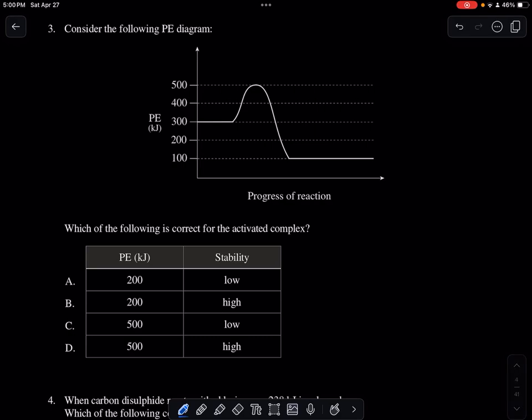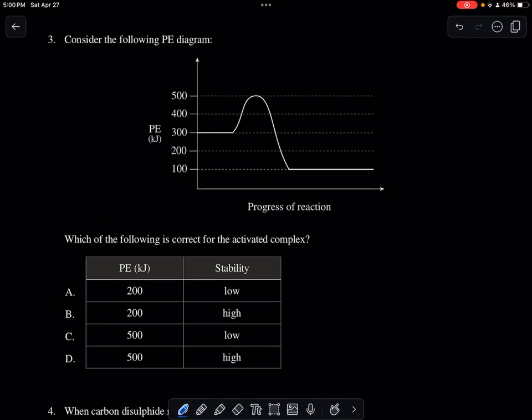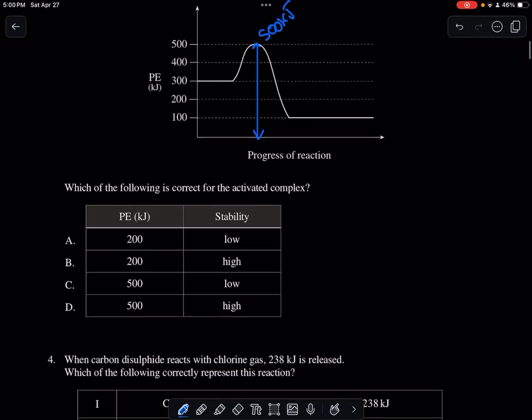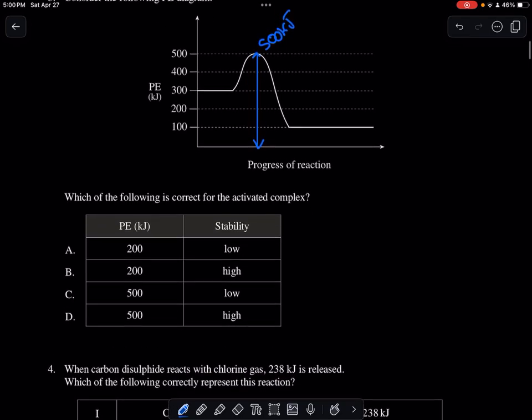Okay, next one. Which of the following is correct for the activated complex? Okay, so the activated complex, let's have a look first of all what its potential energy is. So this is the activated complex. It's 500 kilojoules. And the next thing is, what's its stability?